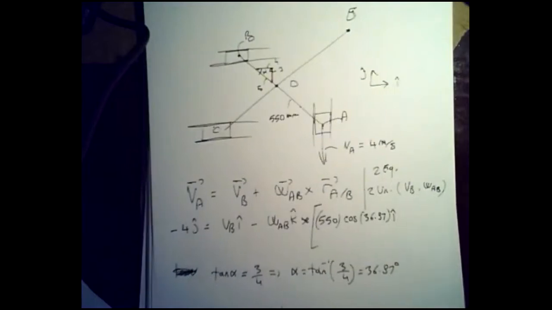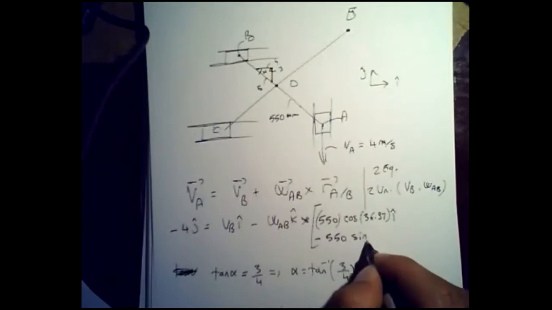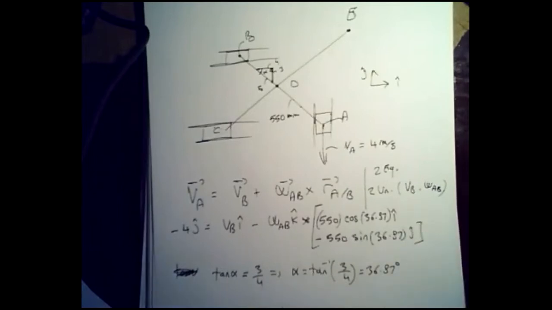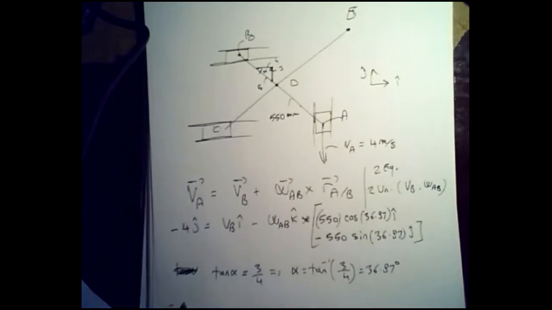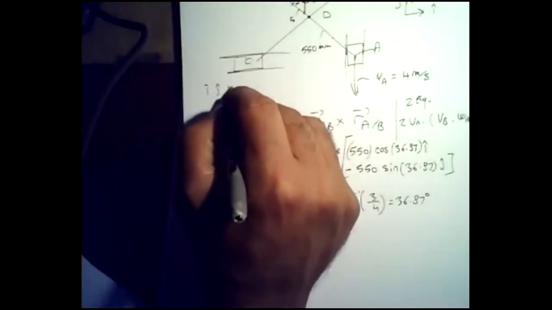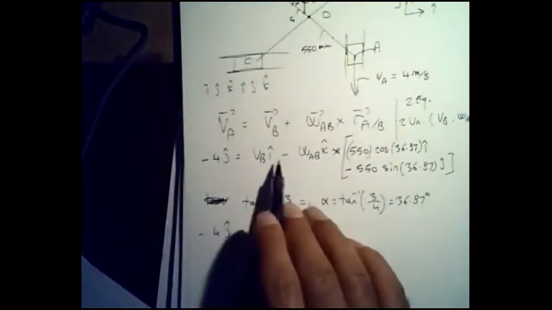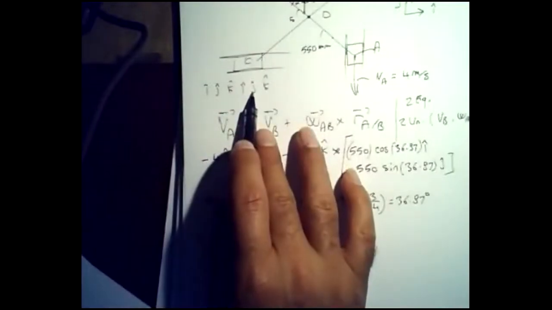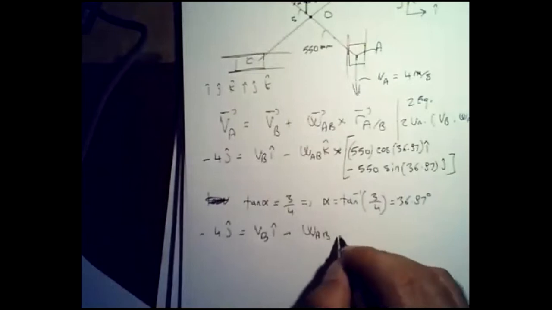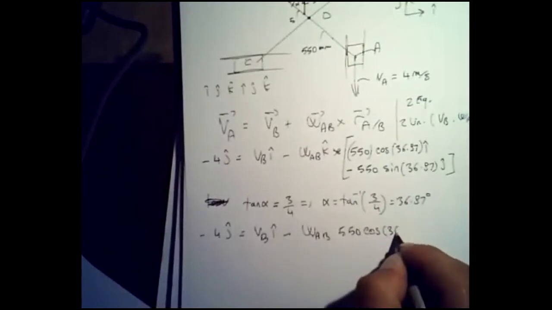So this is in the I direction, and in the J direction it is going to be minus 550 sine alpha J. Rewriting that, minus 4J is equal to VB I, minus omega AB K cross the vector.